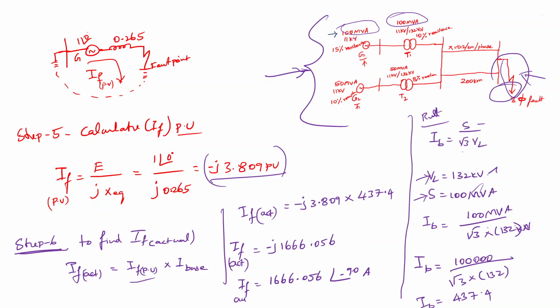Okay, what is the next question they are asking? Please tell me fast. One question we have got the answer, that is the IF actual value. Next is to find out the short circuit MVA, correct? I will write in short, SCMVA is nothing but short circuit MVA, equal to, what is the formula?